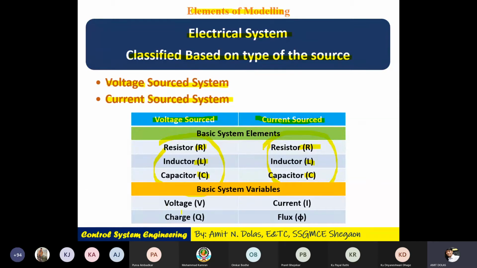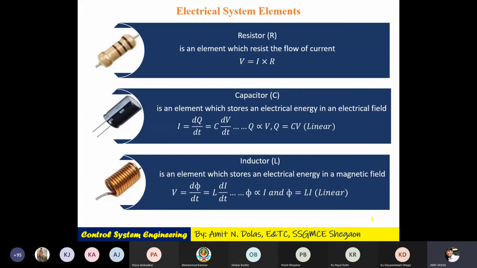In the voltage source system, the variables are voltage and charge Q. In the current source system, the variables are current and flux, phi. So there are only two classifications in electrical systems, voltage source and current source.